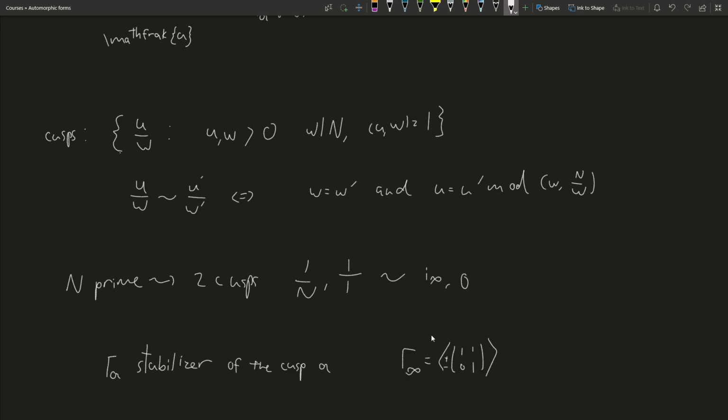So we said gamma infinity was this, and of course this stabilizes the cusp at infinity. And you can see this is the group of matrices (1 m; 0 1) for m an integer.